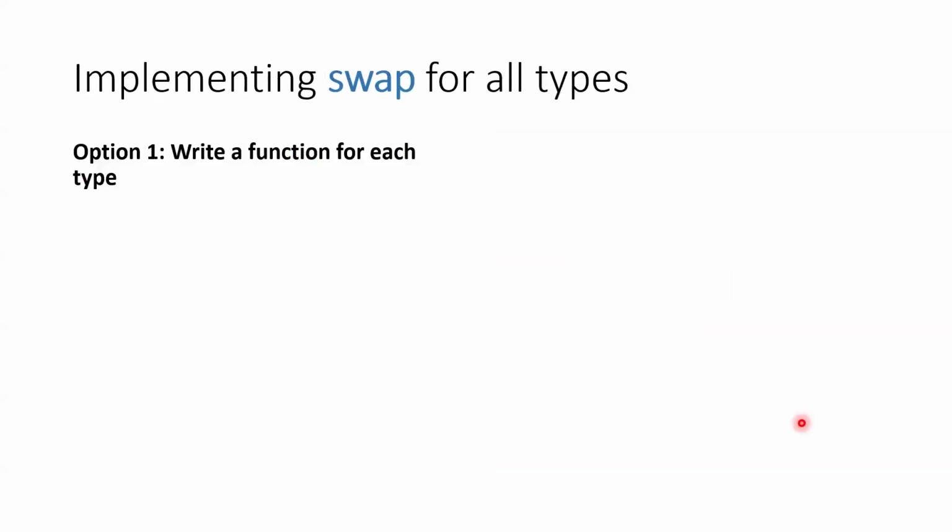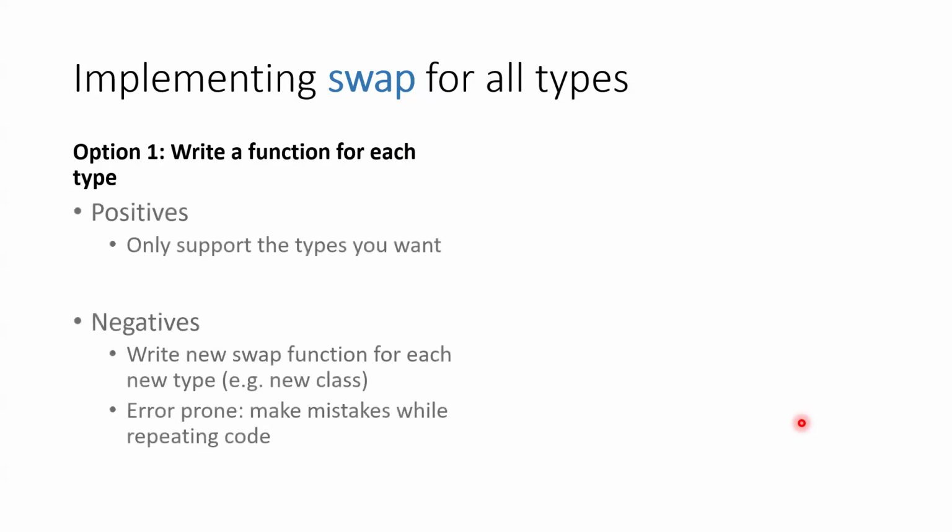Now, if we want to implement the swap function for all data types, option one is obviously to write a function for each type that you are using. And in this case, it will only support the types that you want. And in this case, it avoids the user using the function to do swap on two types that don't make sense.